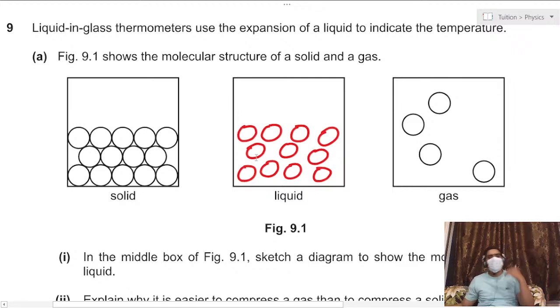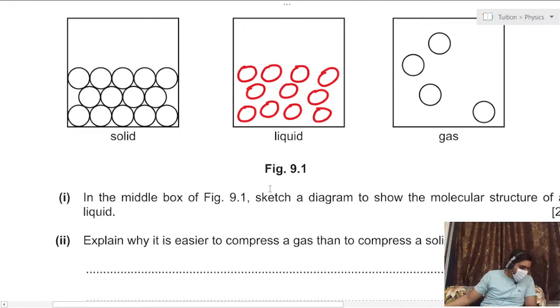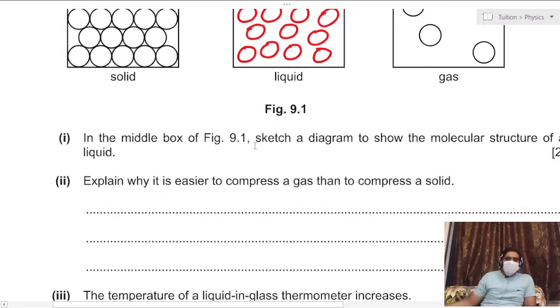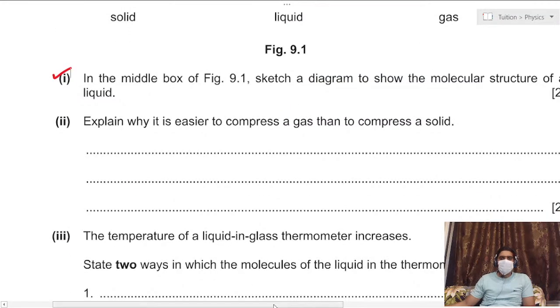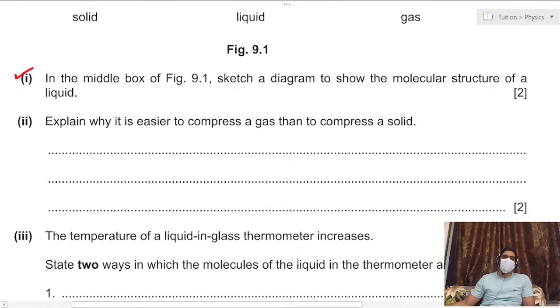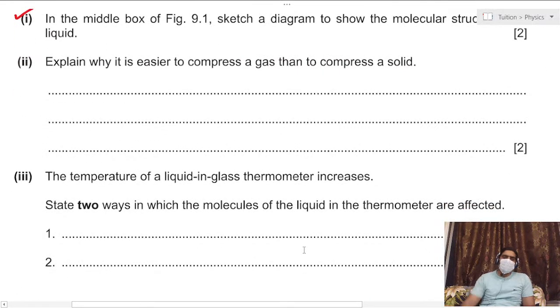If they are very far apart, then it would be a gas. Yeah, slightly loosely packed. So, explain why it is easier to compress a gas than to compress a solid. Yeah, anyone who would like to respond to it?